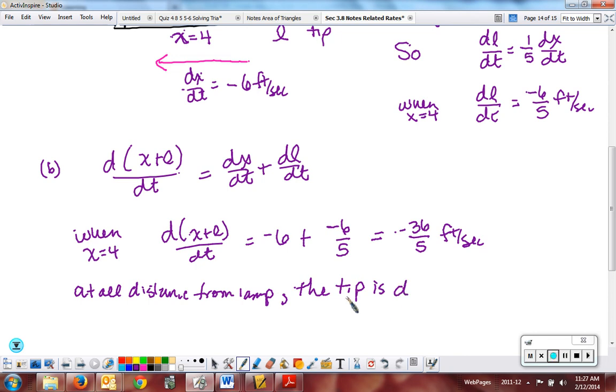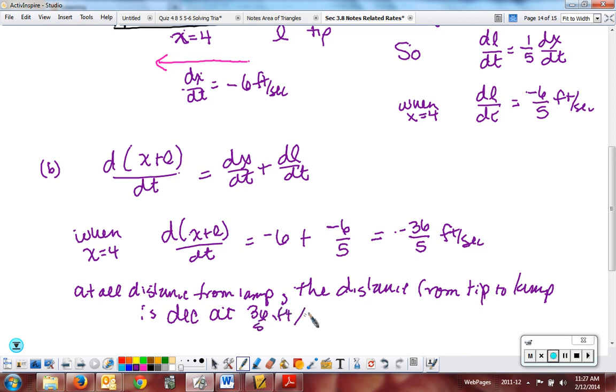Decreasing. I really need a better word there. I can't say the tip. I need a distance. The distance from tip to lamp is decreasing at 36 fifths feet per second. You could also say the tip is moving towards the lamp, closer to the lamp at 36 fifths feet per second. That would work too, probably.